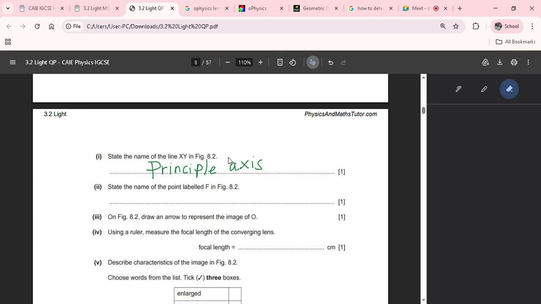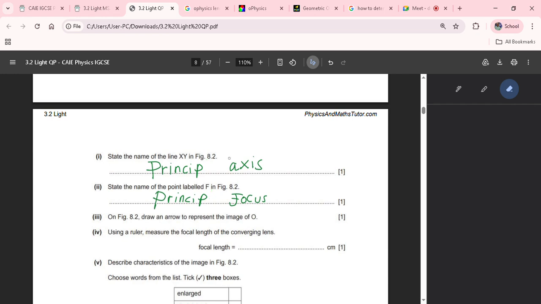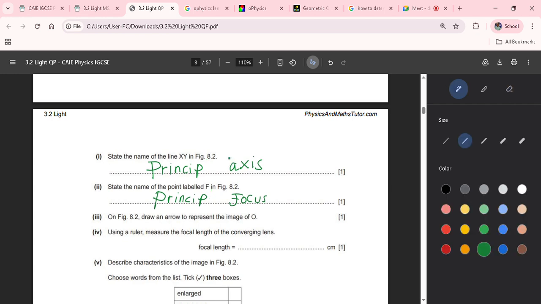Or we can write it principal focus. Principal focus. Repeat, this one is principal.